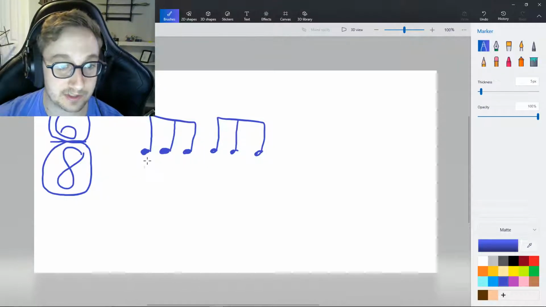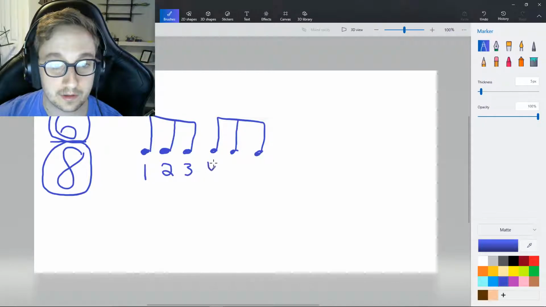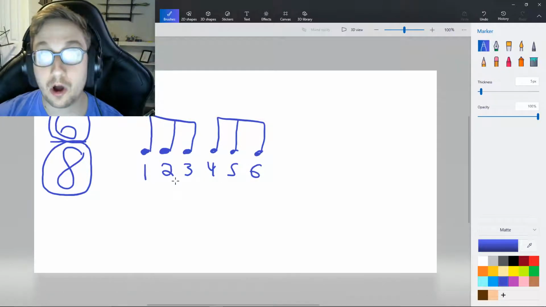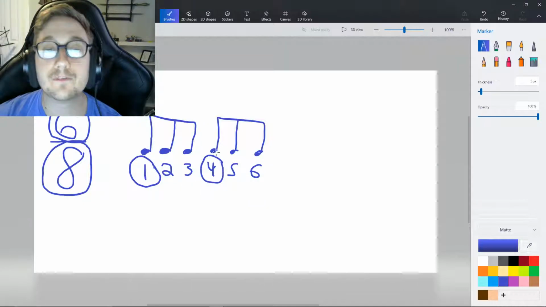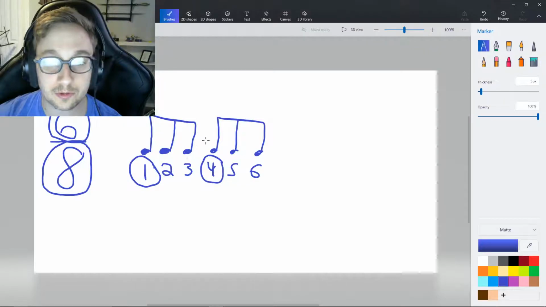And the way we'd count this, each one of these, of course, is an eighth, and it's going to get one beat. 1, 2, 3, 4, 5, 6. So our strong beats are going to be beats 1 and 4. 1, 2, 3, 4, 5, 6.